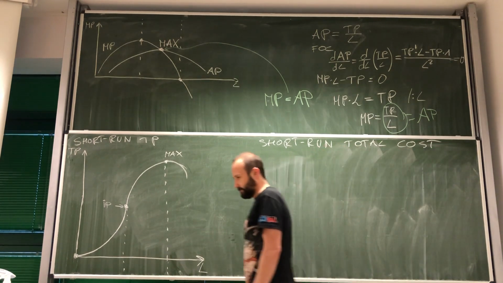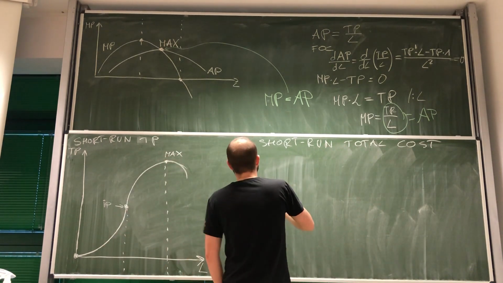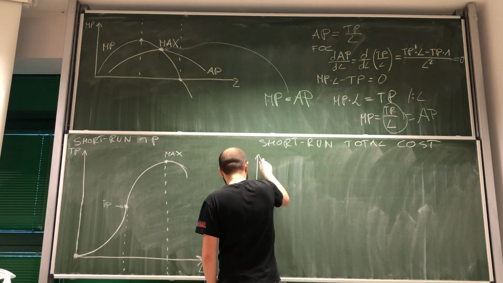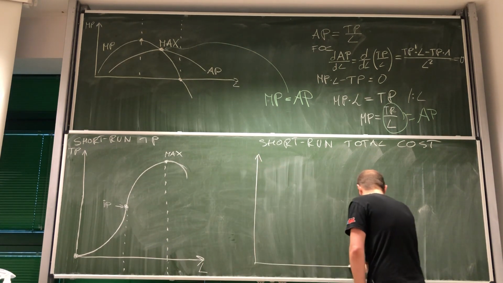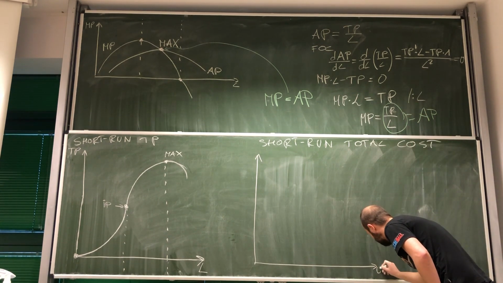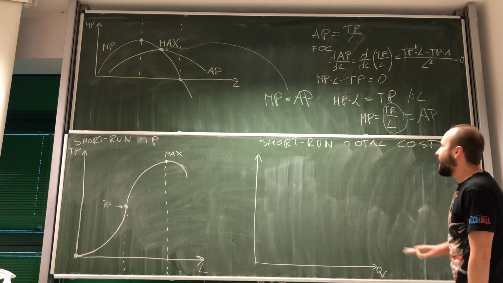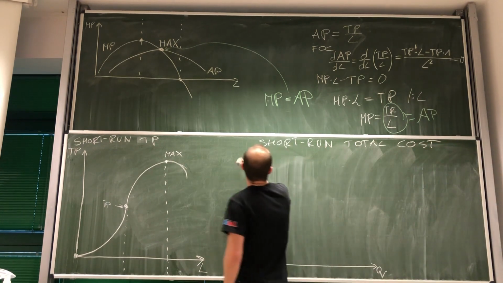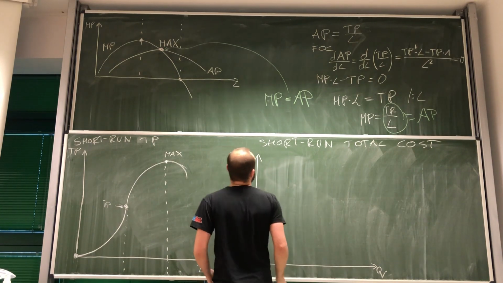Okay. Now, I'm not going to do with you the exact derivation of the total cost, but actually let me just point out a couple of more interesting points about the total cost function itself.